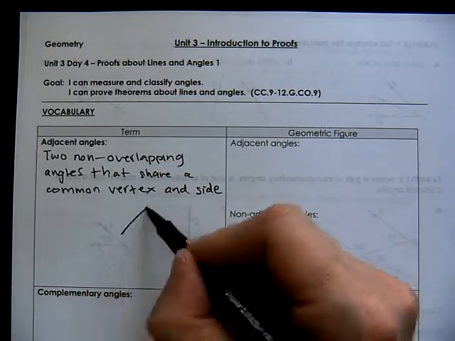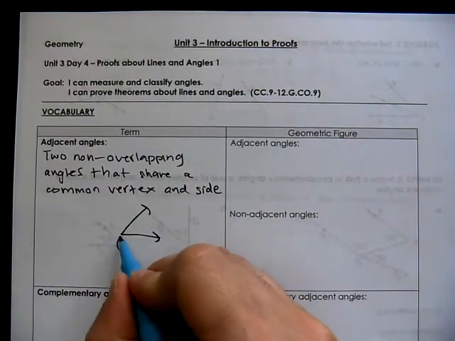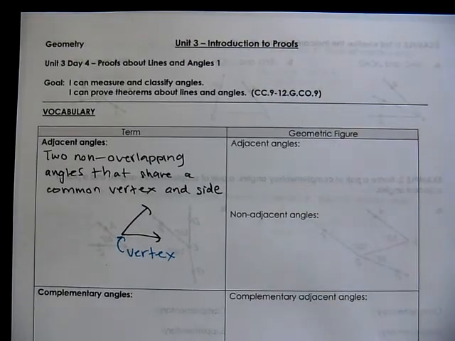So just remember that when we're talking about an angle, the vertex is where the two sides come together at a point. Right? So we want two non-overlapping angles that share a common vertex and side.